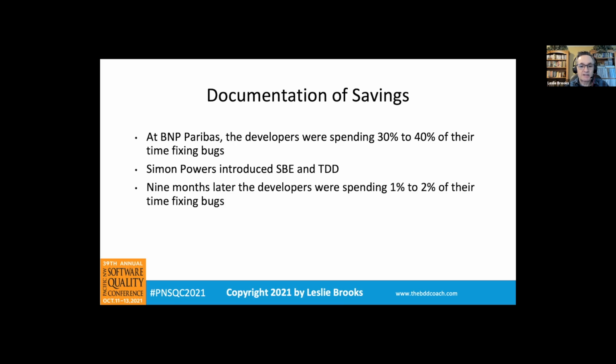And 9 months later, those same developers were spending 1 to 2% of their time fixing bugs. So notice that's 9 months later. Specification by example isn't magic. It isn't take a 3-day class and become an expert.